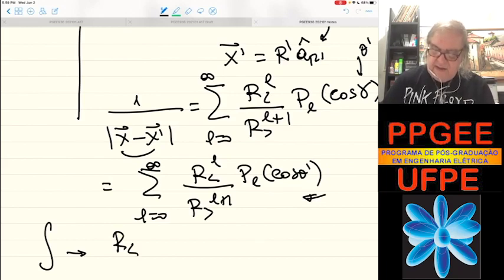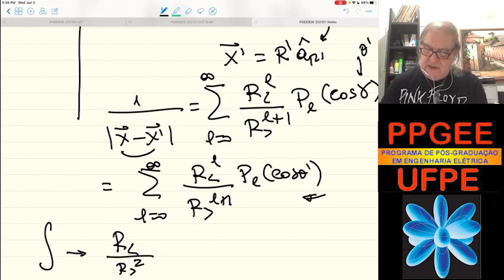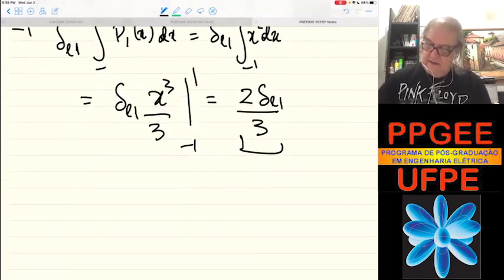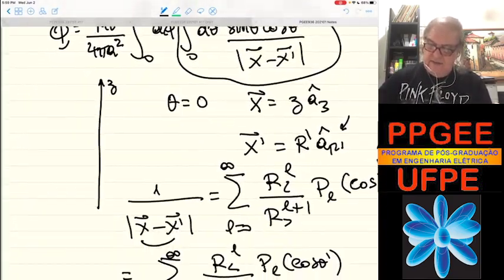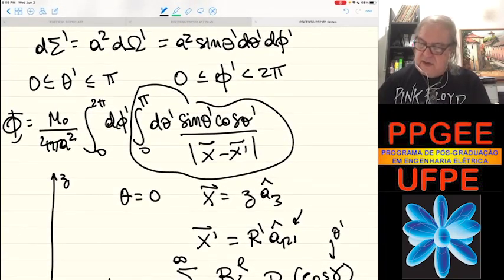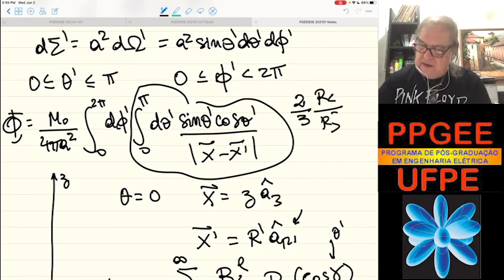R smaller to the first power, R larger to the second power, times 2/3. Correct? Let me see. Times 2/3, right? That's the result of the theta integral here. So this is going to be 2/3 of r smaller over r larger squared.